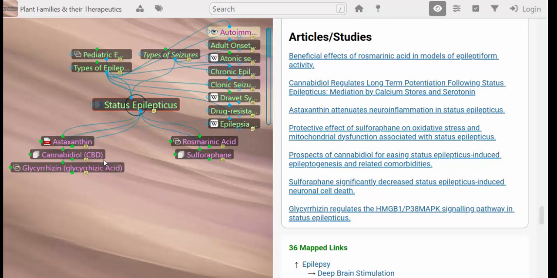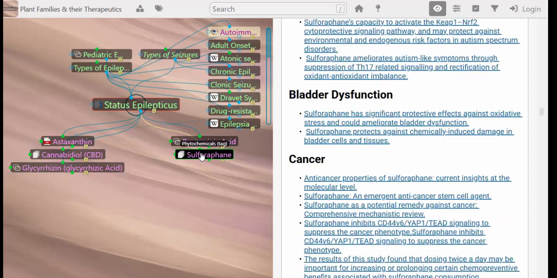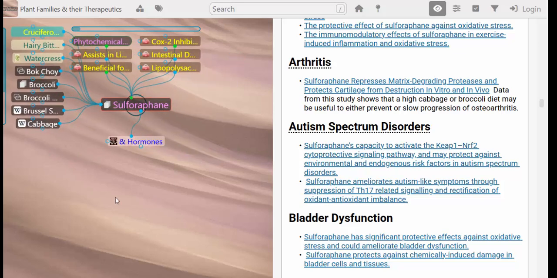Astaxanthin, CBD, glyceric acid, rosmarinic acid, sulforaphane. And if you click on one of these, this is the color for phytochemicals. You can learn all about it and how to use it and where to find it. It's in a lot of cruciferous vegetables.